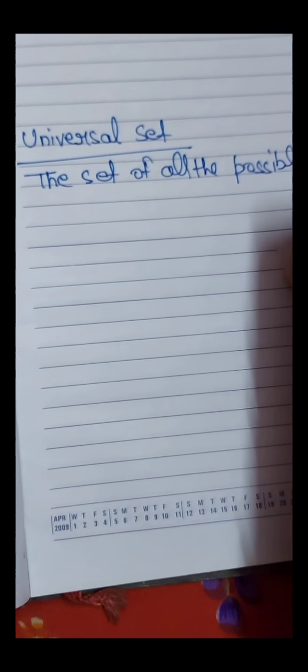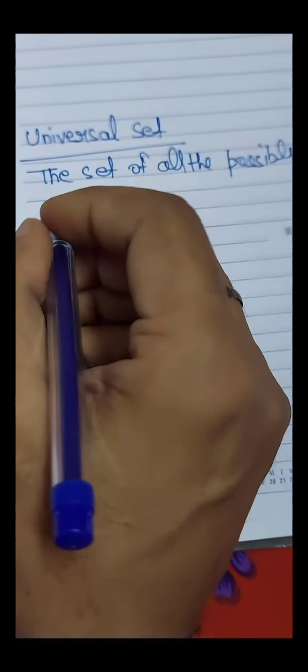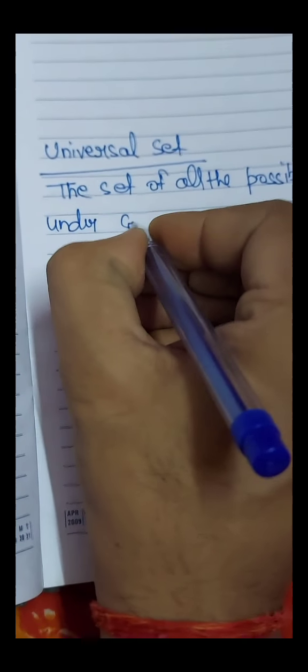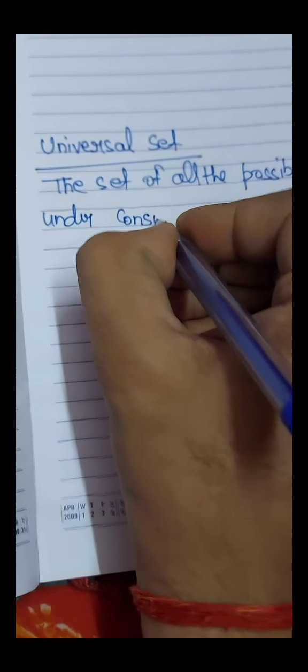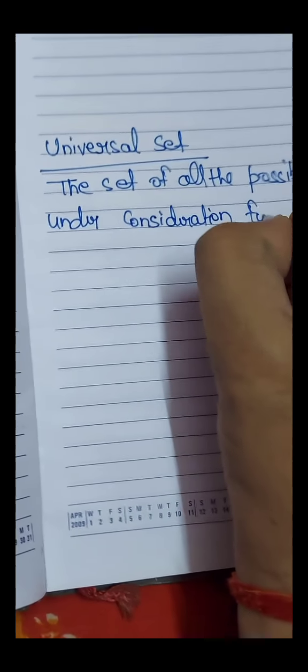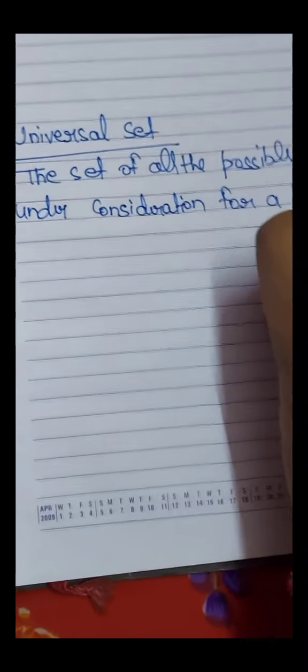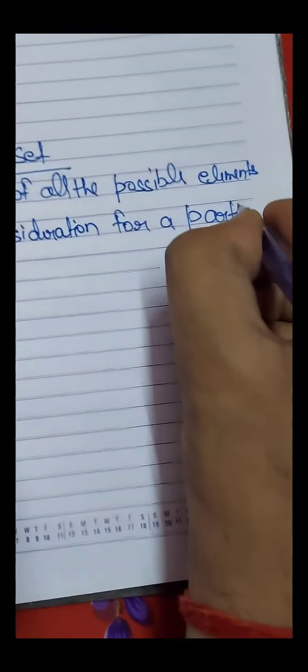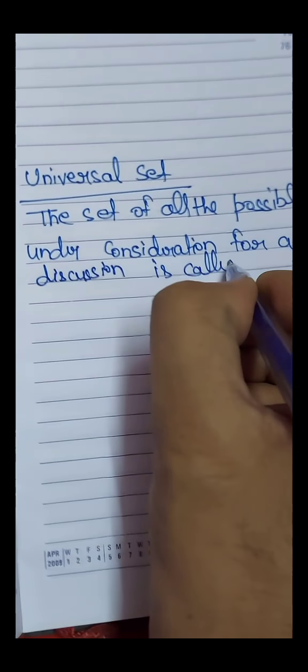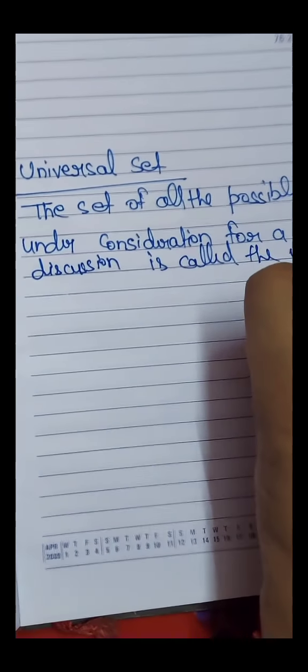The set of all the possible elements under consideration for a particular discussion is called the universal set.